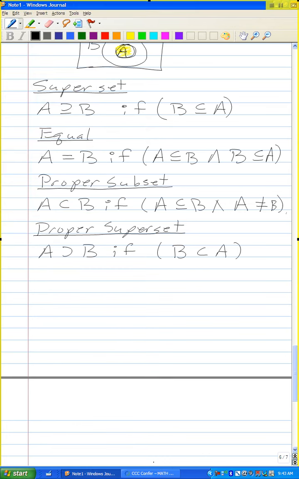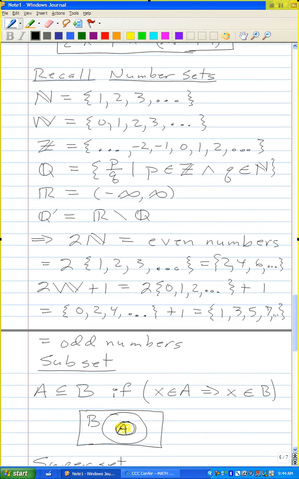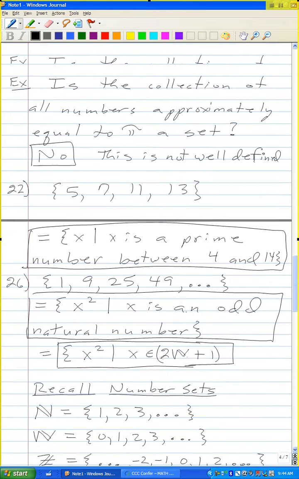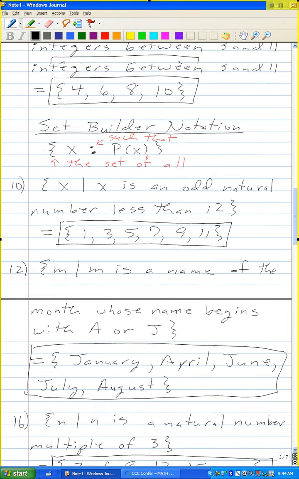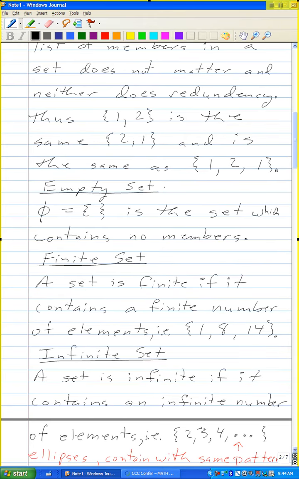That's why that symbol looks like a less than or equal to symbol. Oh, I should have said that, by the way, sometimes the empty set is called the null set. Those mean the same thing.